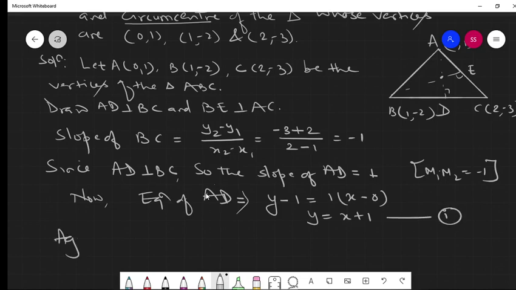Again, we have to find the slope of CA. What is the slope of CA?